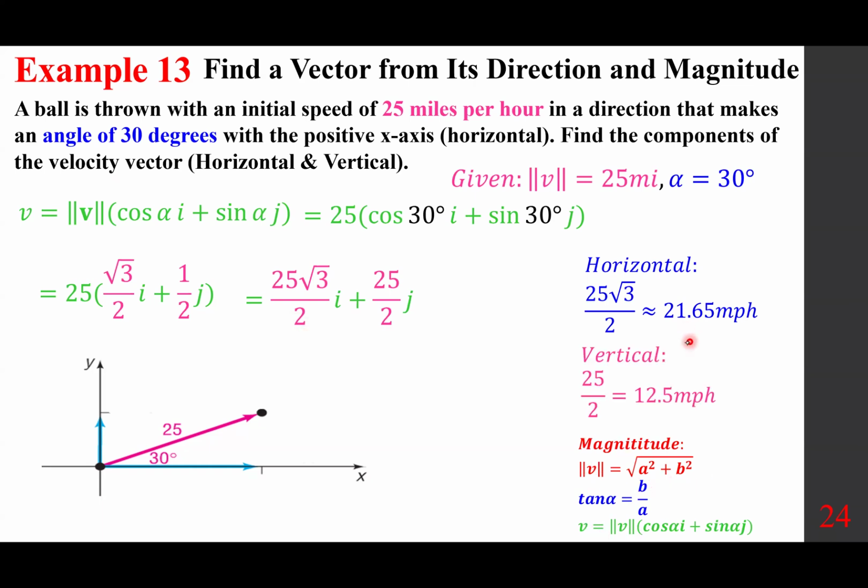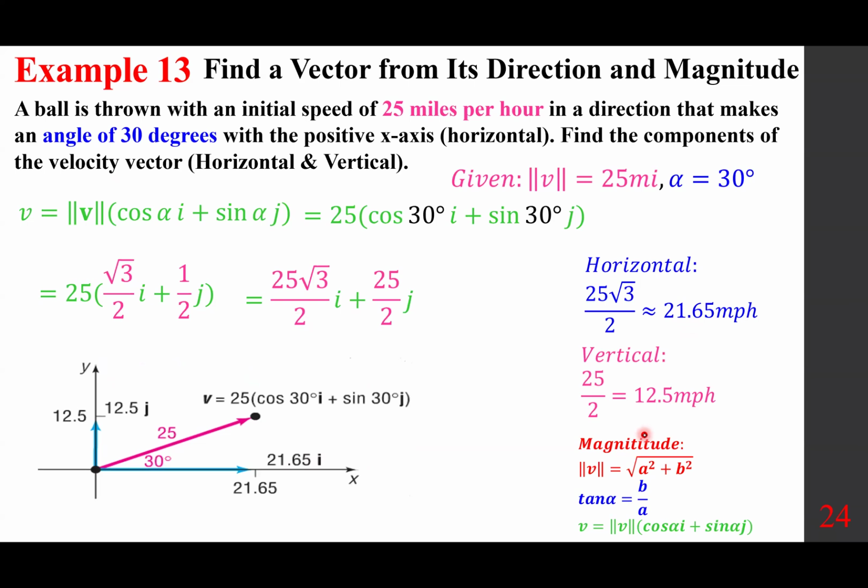And vertical is 25 halves, or 12.5 miles per hour. So you're looking at v with 25 times cosine 30 i plus sine 30 j. And those are the numbers that were mentioned. So pretty straightforward.